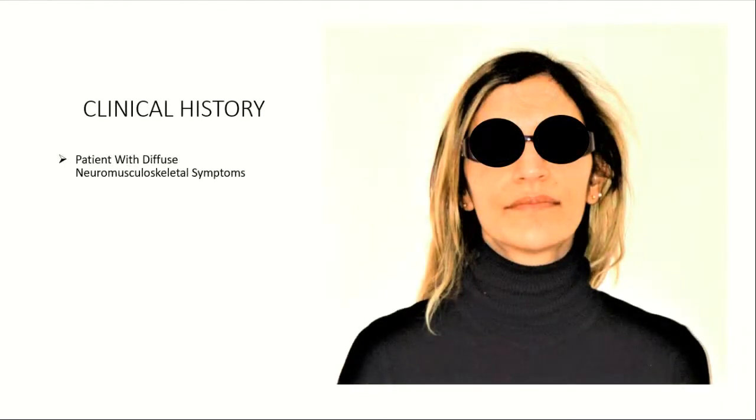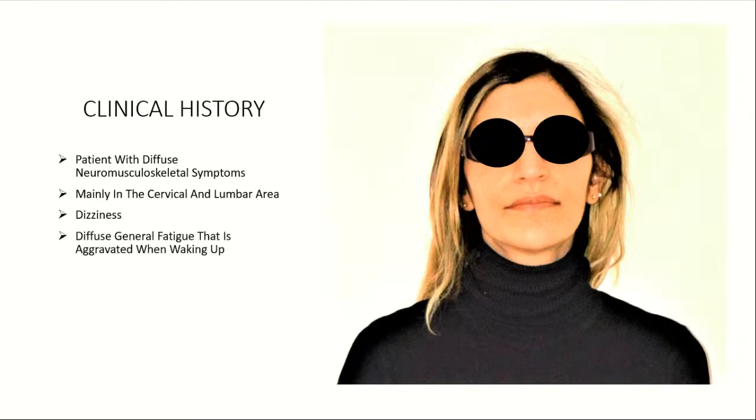That patient has diffuse neuromuscular skeletal symptoms, mainly in the cervical and lumbar area, dizziness and diffuse general fatigue that is aggravated when walking and when waking up. She has a lot of difficulty sleeping.